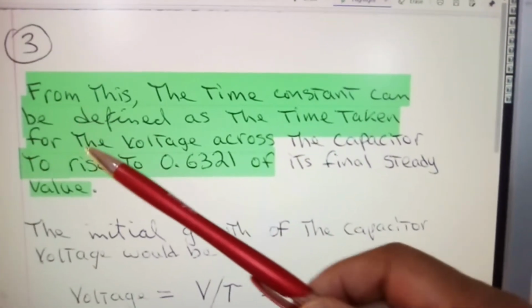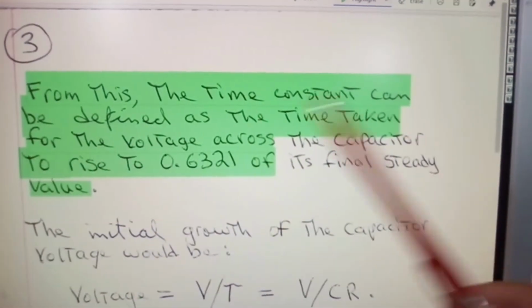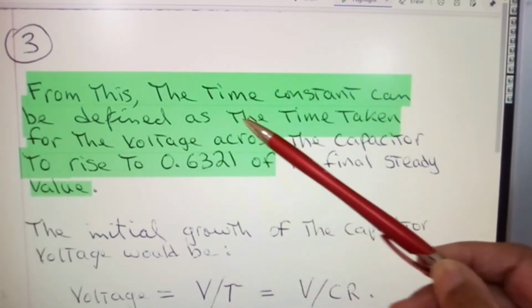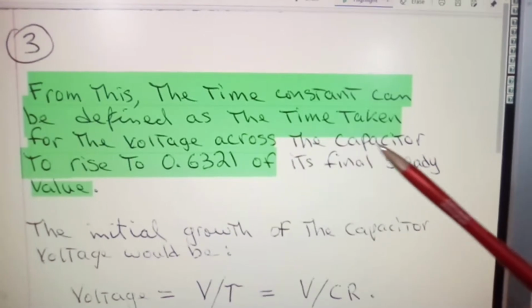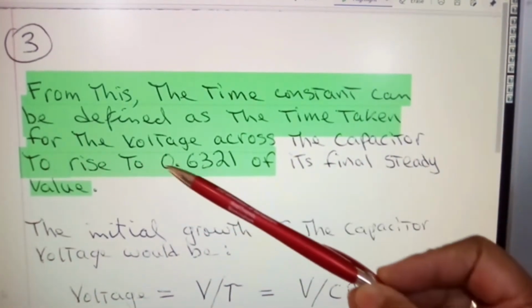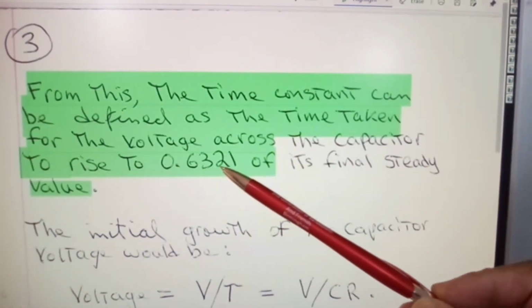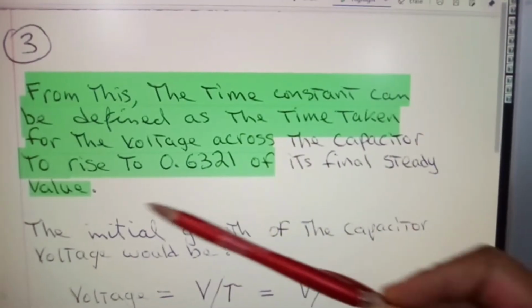Session page 3. So from this, the time constant can be defined as the time taken for the voltage across the capacitor to rise to 0.6321 of its final steady value.